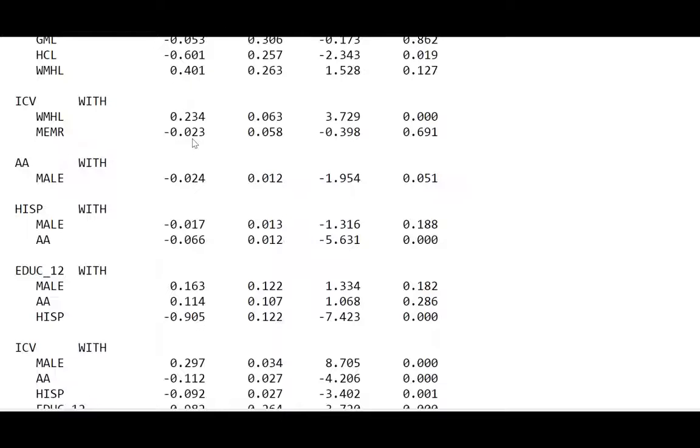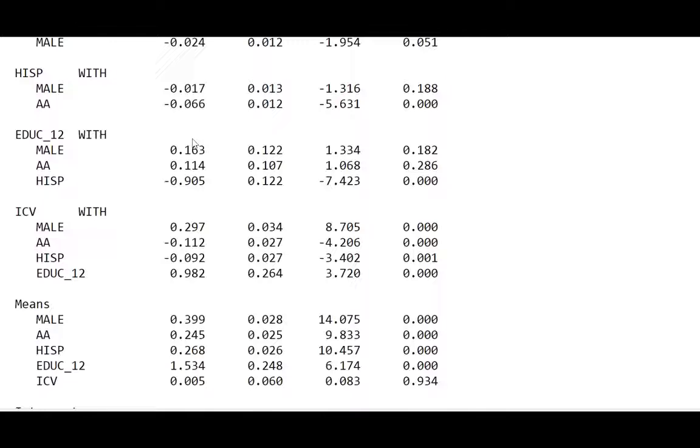But as we come down, we've got all of these things of AA with male, Hispanic with male, and AA, all of the variables that go into defining those formative factors that we want to residualize for. We're actually estimating variances and correlations of those variables. And those aren't things that are of particular interest in terms of the substantive aspects of the model.